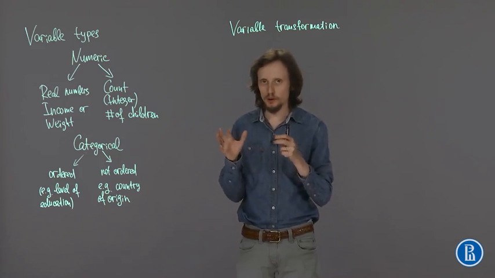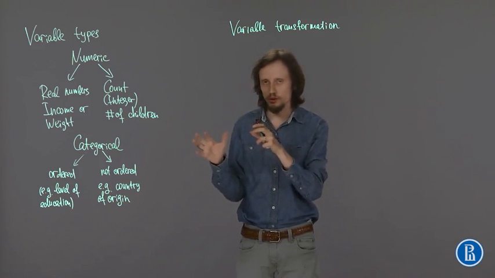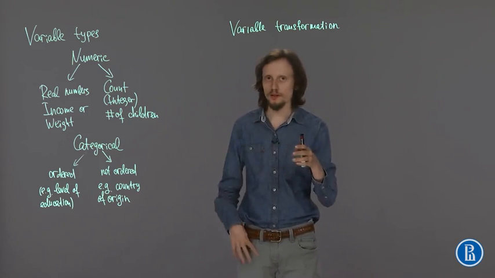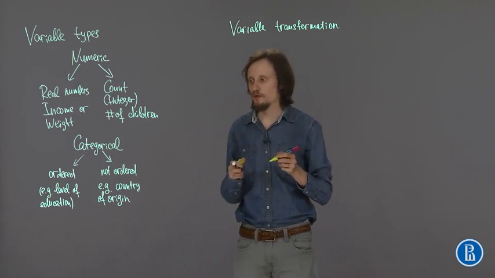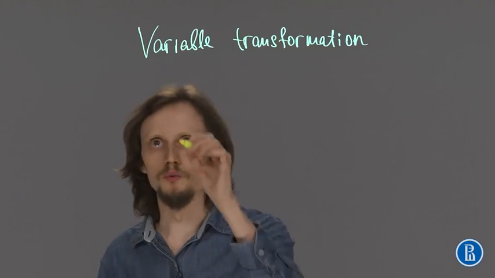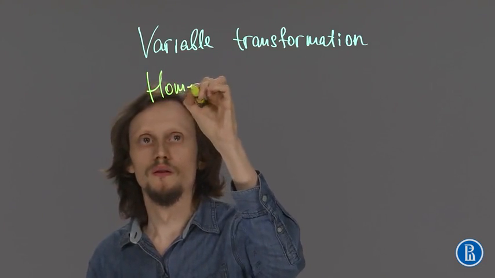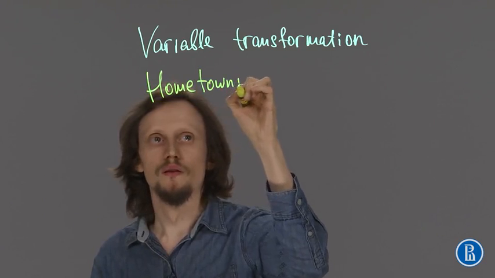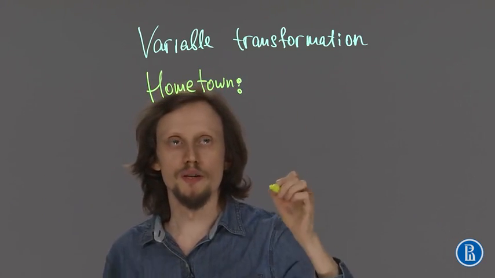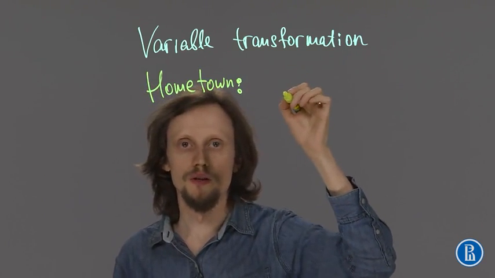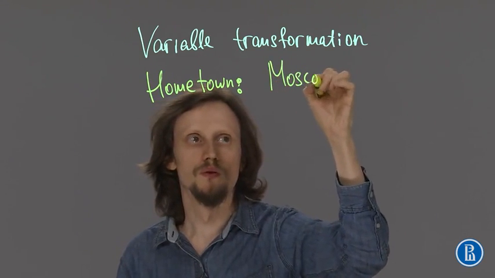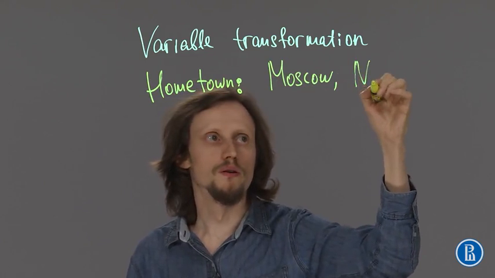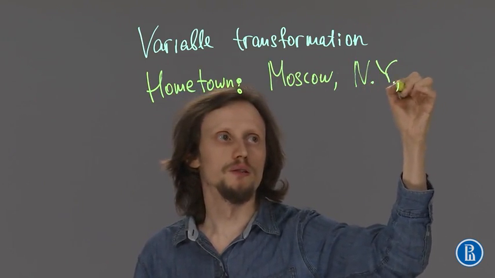Then I want to encode this variable in some numeric way. For example, in my study, there are only three possible hometowns: Moscow, New York, and London.